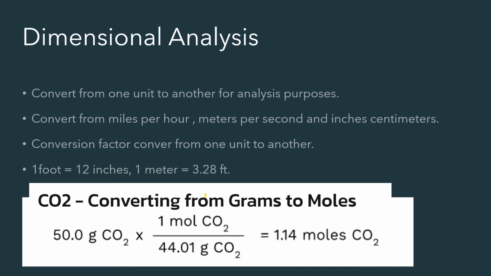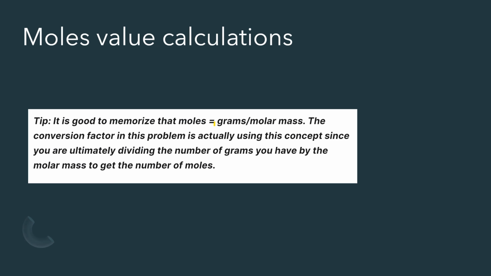And carbon dioxide, converting from grams to moles. Say for this purpose, I'm taking 50 grams of carbon dioxide and I multiply by 1 mole of carbon dioxide divided by 44.01 grams of carbon dioxide, which is 1.14 moles of carbon dioxide. Mole value calculations.